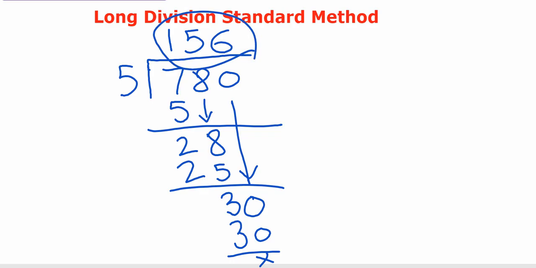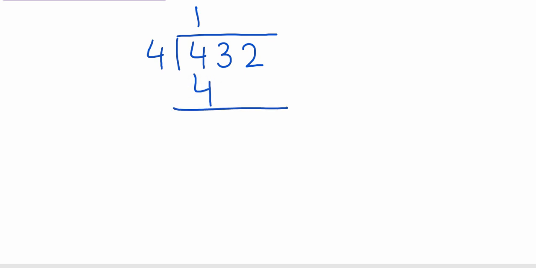Now I will tell you where to put a 0 in the quotient. If the number is 432 and we have to divide it by 4, you will first see the first digit. 4, 1 times is 4, and then 3 will get down. You cannot divide 3 by 4, so you need to put a 0 here.